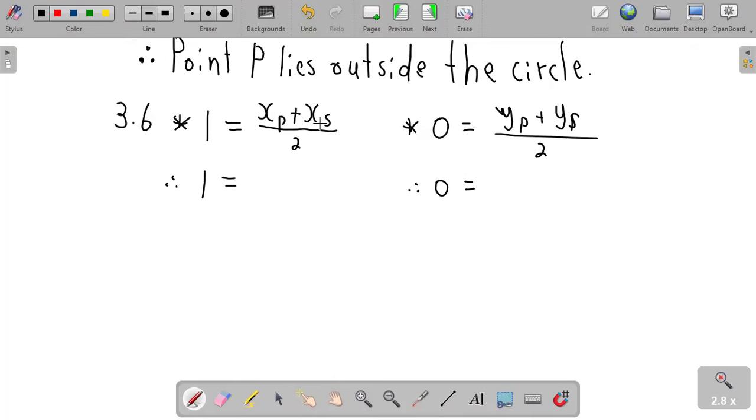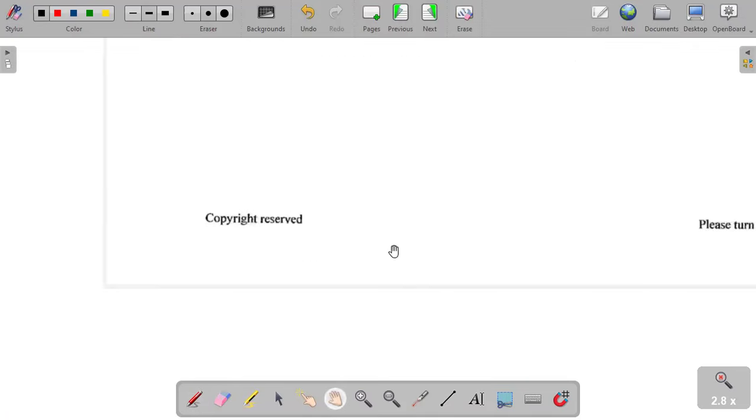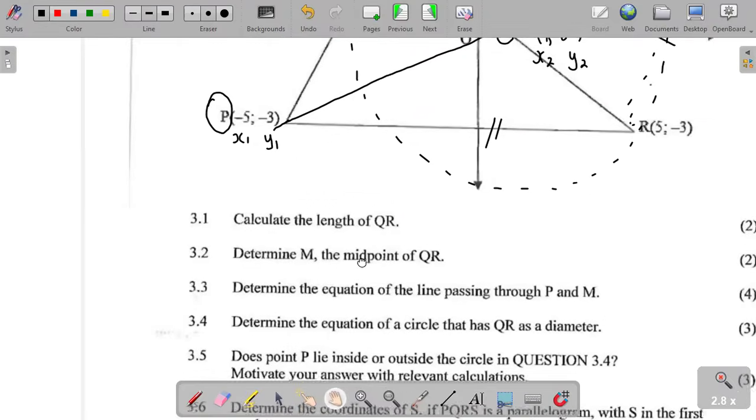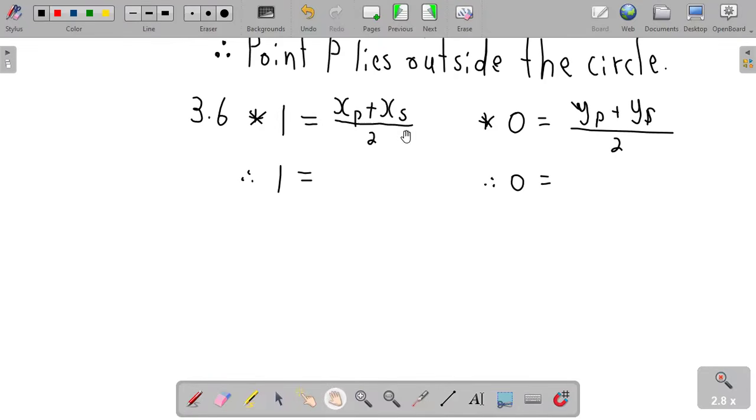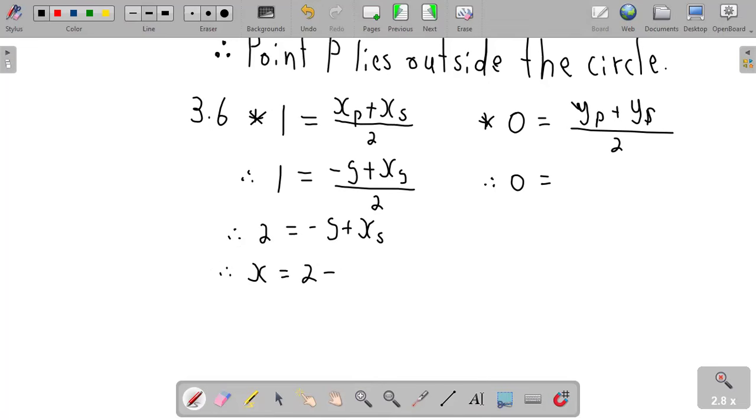We don't know what x s is. x for P is -5. So 1 equals -5 plus x s over 2, therefore 2 equals -5 plus x s. So x s is 2 plus 5, which is 7.